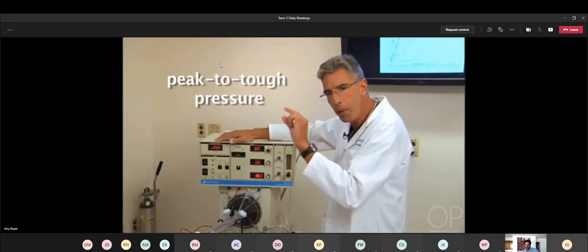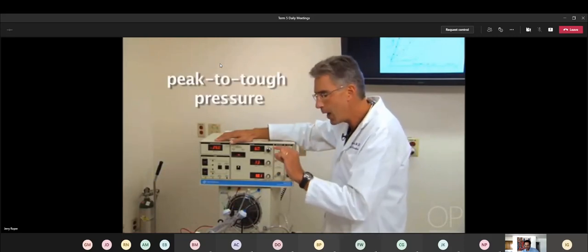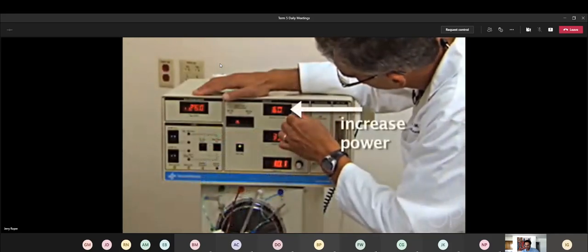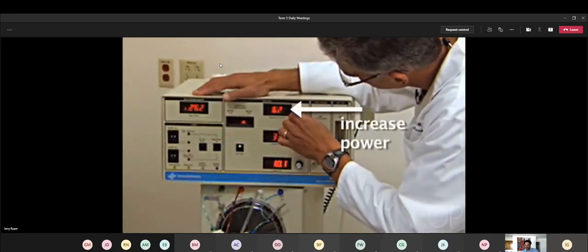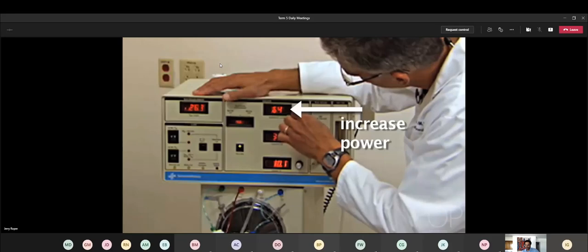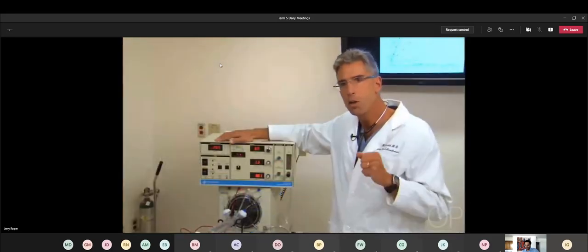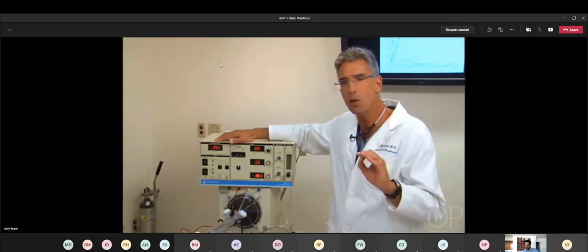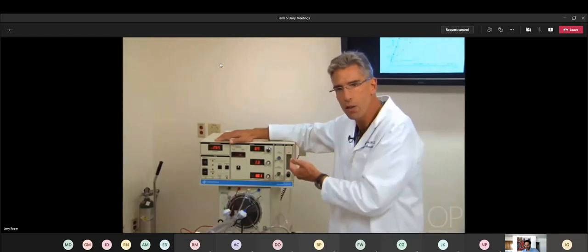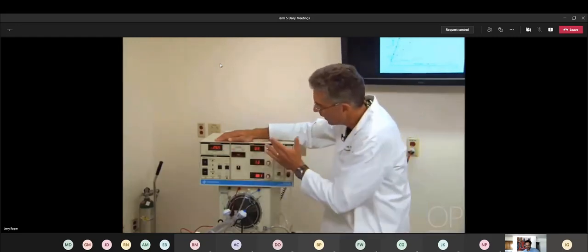The delta P is the peak to trough pressure, again measured proximally in the ventilator circuit. And to increase it further to 65, we simply increase power in another increment. So very simple device. The conventional ventilator is complicated. This is not. We focus on mean airway pressure and delta pressure. I hope that was helpful.